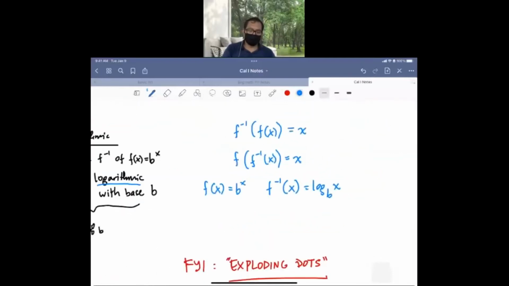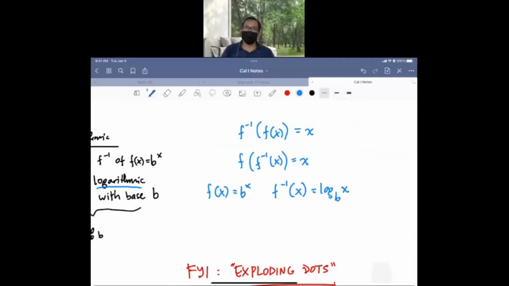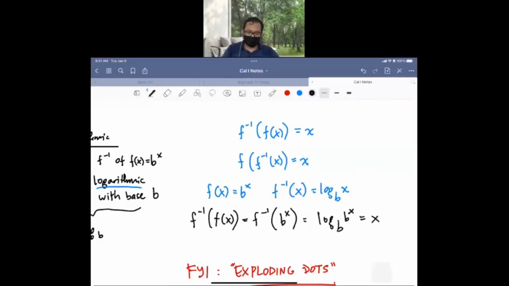So if we put it either way, let's say we do f prime of f of x. Let's just use b to the power of x. The f prime is log base b, which means we apply log base b, and then substitute b to the power of x, like that. Got it?